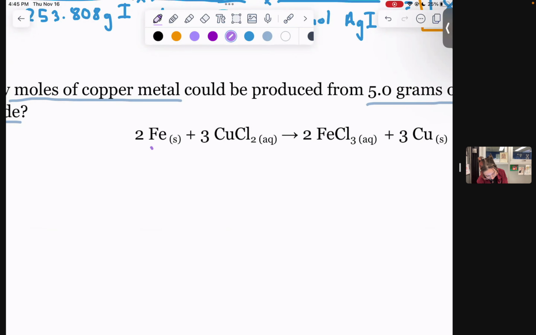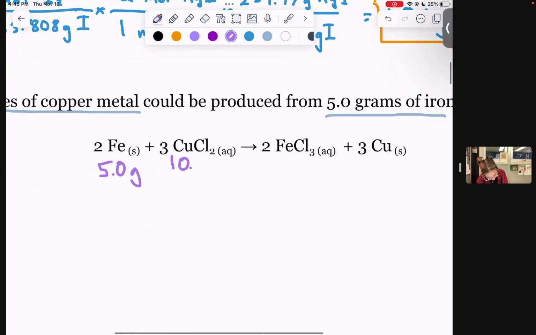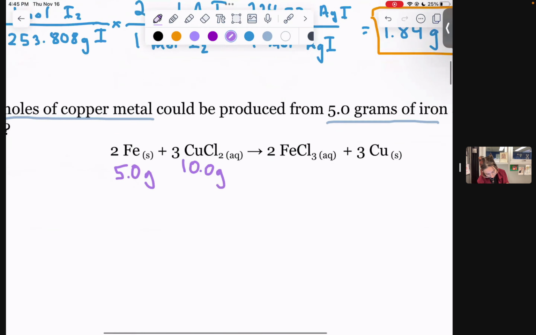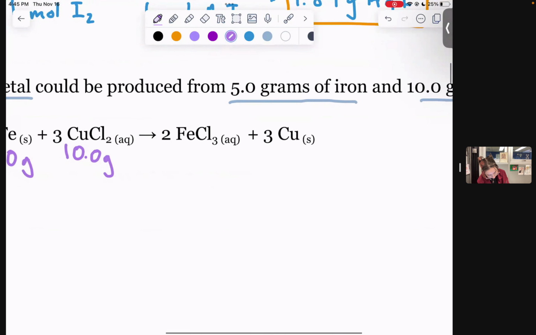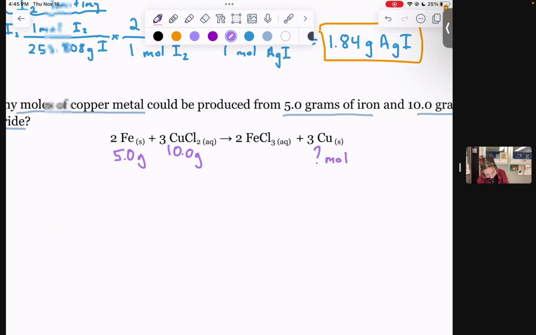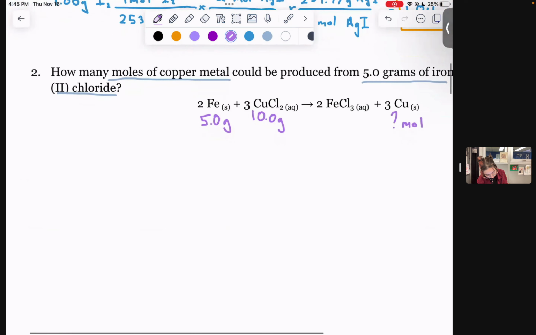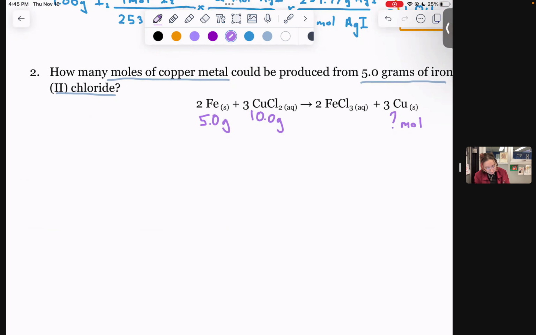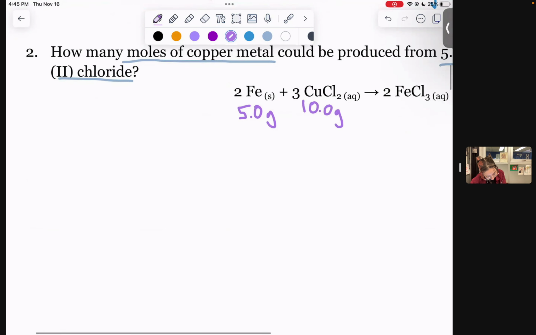So I have 5 grams of this, I have 10 grams of this, and I'm asking for this one in moles. I like to do that just to keep myself organized. If you want to try this one on your own, I recommend it, but I'm just going to crank her out here.